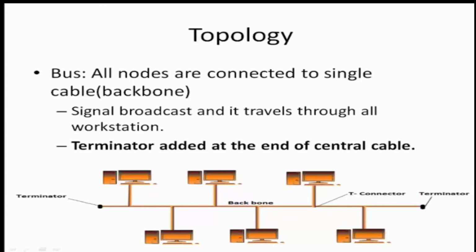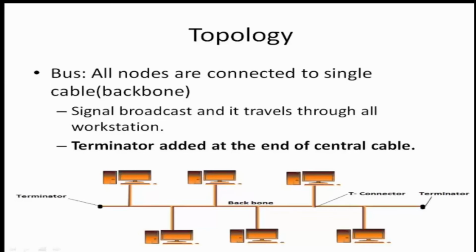All the traffic travels through this backbone, and all nodes are connected by a T connector to the backbone. Terminators are also used at the ends of the backbone. But the basic drawback of bus topology is that when the backbone goes down, the entire network goes down. That's why bus topology is used in small networks. It is never used in large networks.